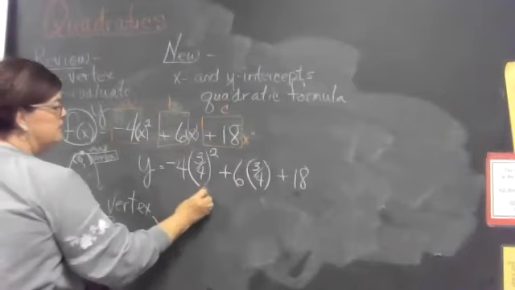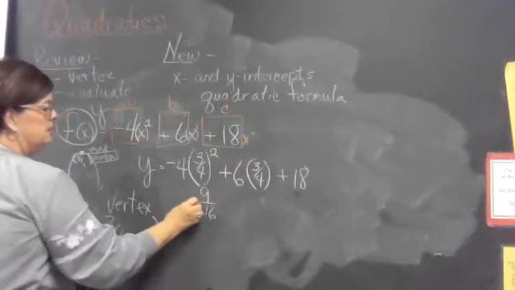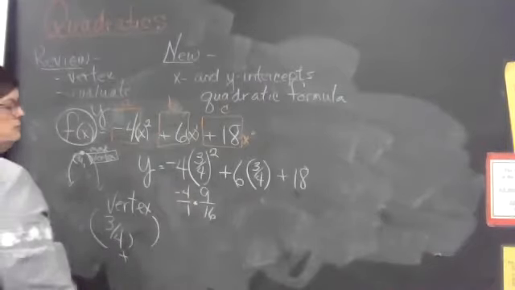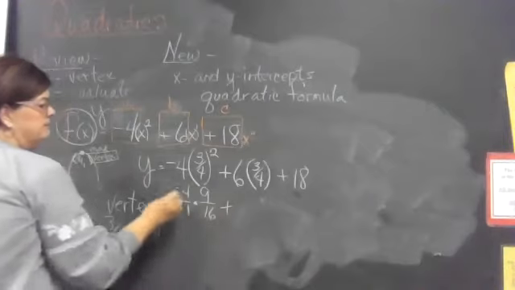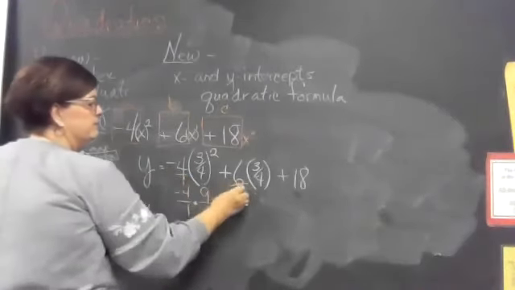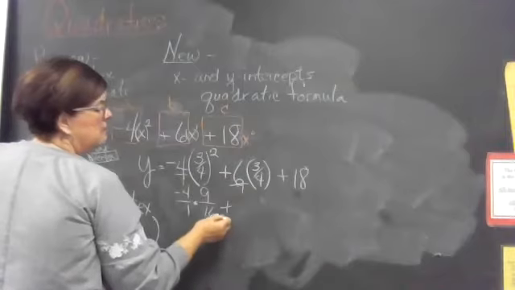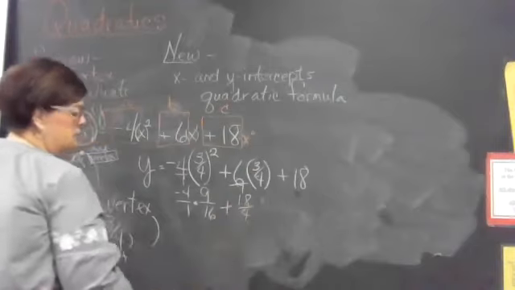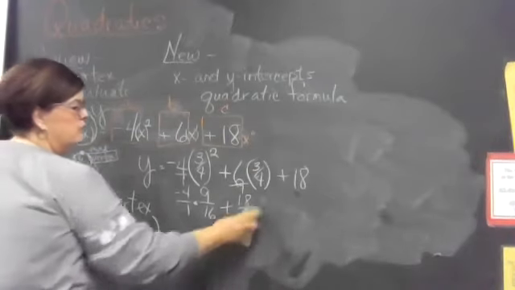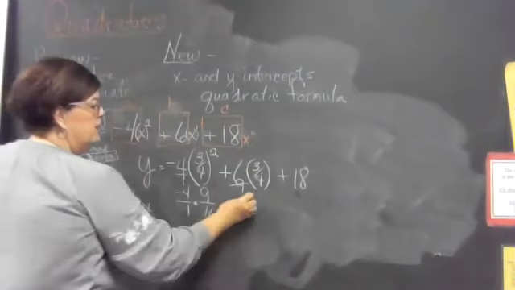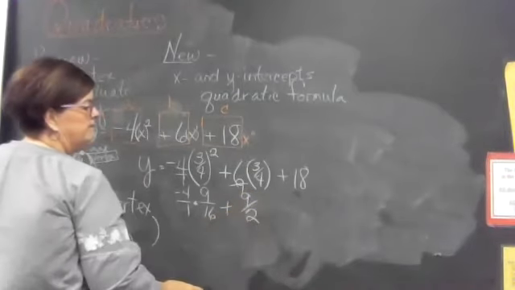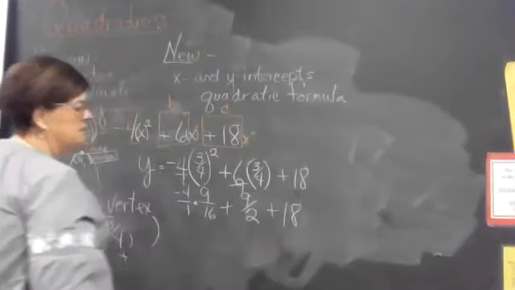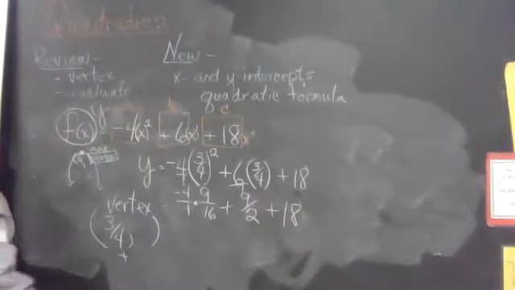This comes to 9/16 times -4 over 1 plus this one will be 18 over 4, but if we simplify 18 over 4, we're going to come with 9 over 2 plus 18.